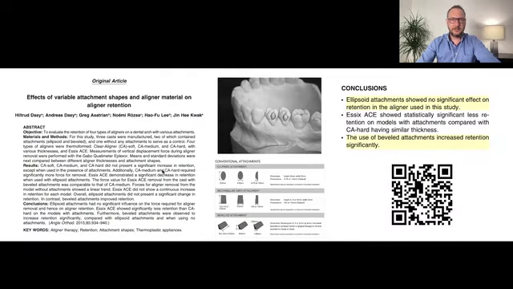Here is a good article that evaluated all kinds of attachments, okay? You can access the article here if you want to download it. It's just a matter of using your camera on this QR code, okay? All of you know this, of course.